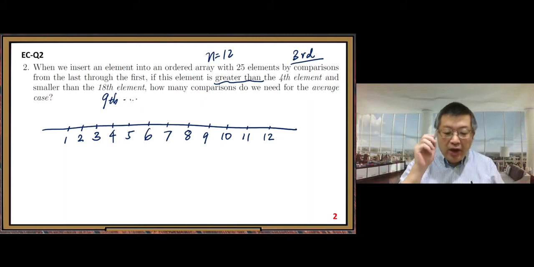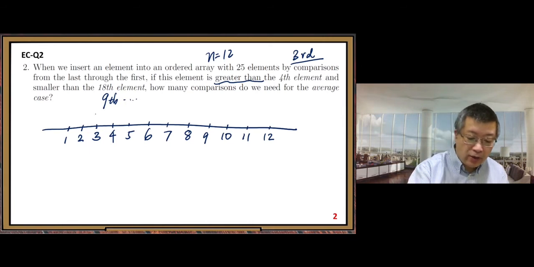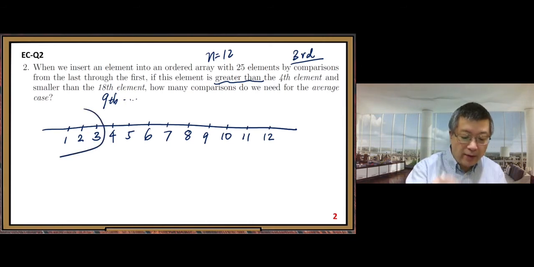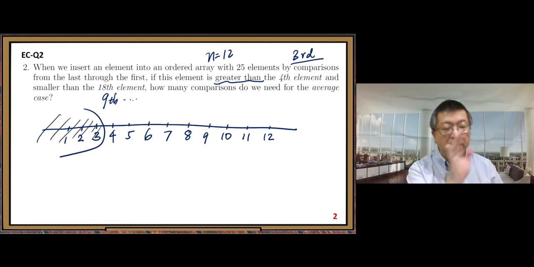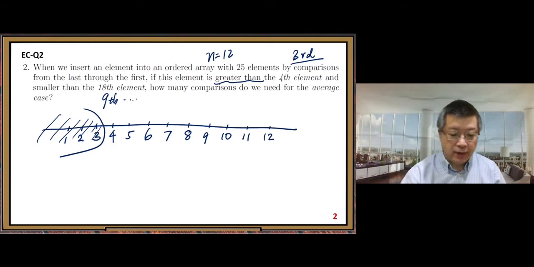The element to be inserted is greater than the third element, right? Greater than third. That means these three can be eliminated from the consideration. So we won't touch these three elements.